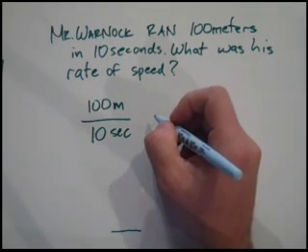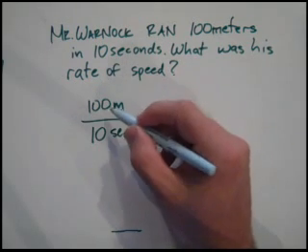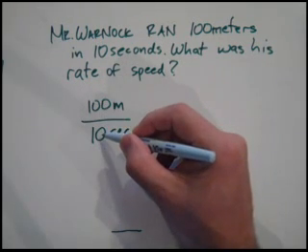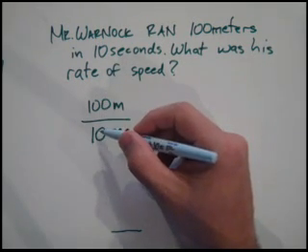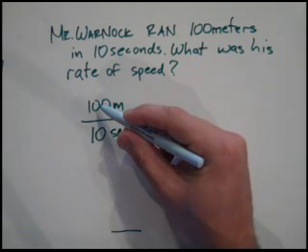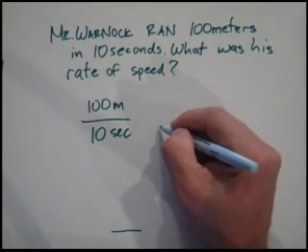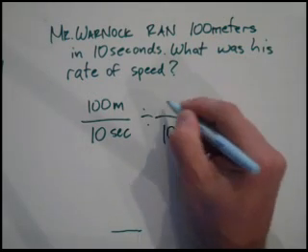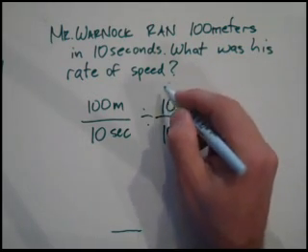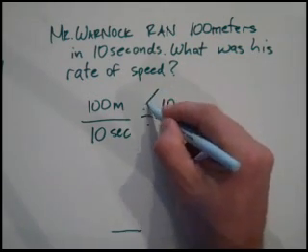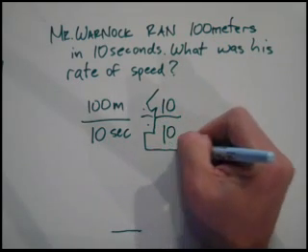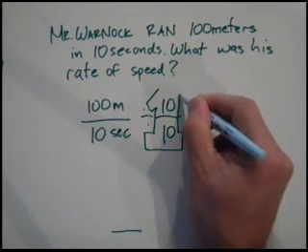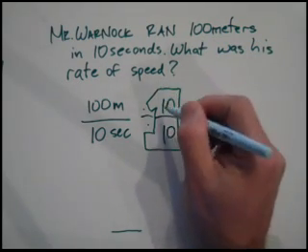Well then, we see 100 over 10, and I know that 10 goes into 100 ten times. So we're going to divide the denominator 10 by 10, and keep in mind that equals 1.